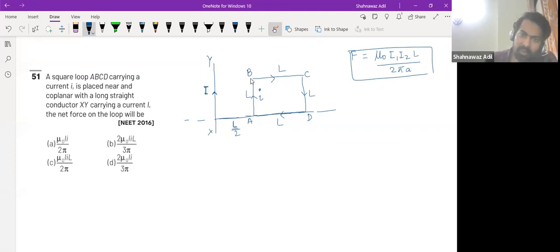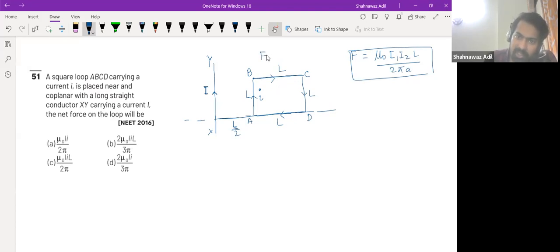And we know that BC and AD are at the same distance, making an angle, so these are also perpendicular, and they will have equal contribution.